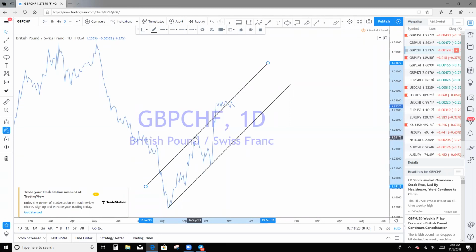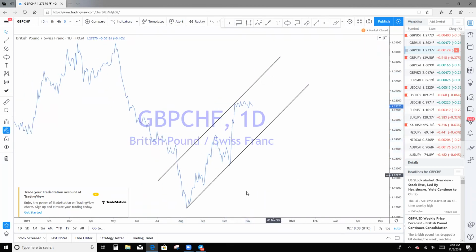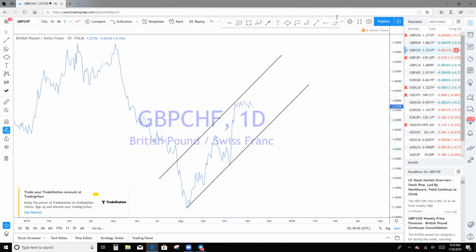I want to go about right here. Now, question. Why did I choose this spot here and not that spot? Anybody know? Why did I choose this spot and not that spot? Any guesses?